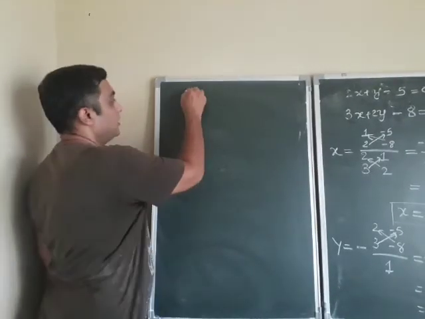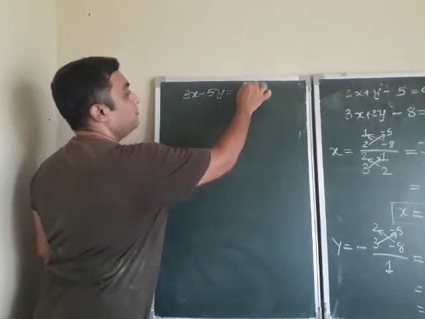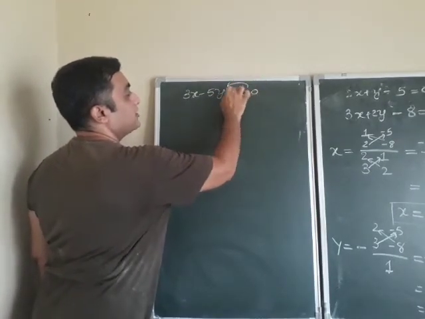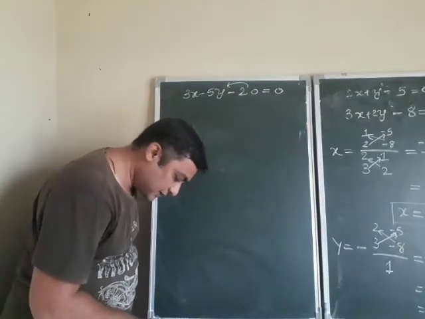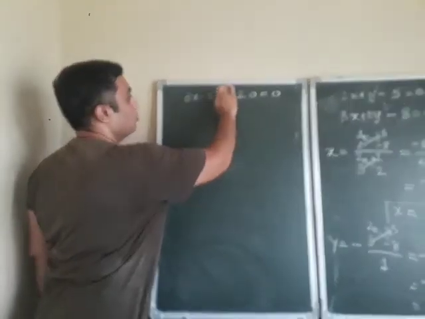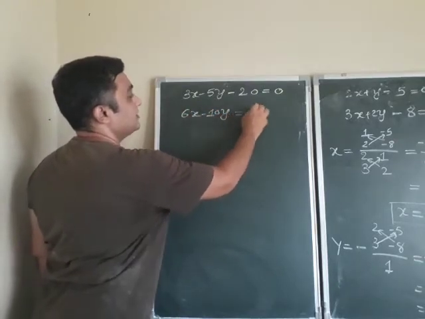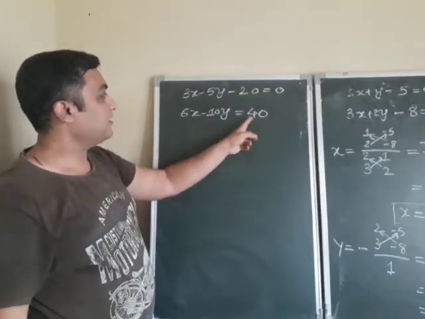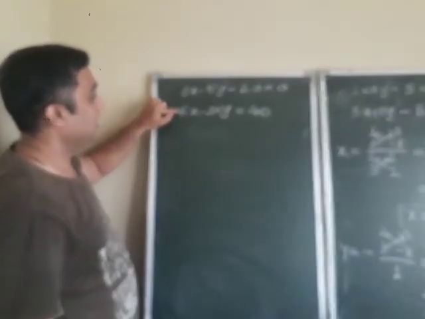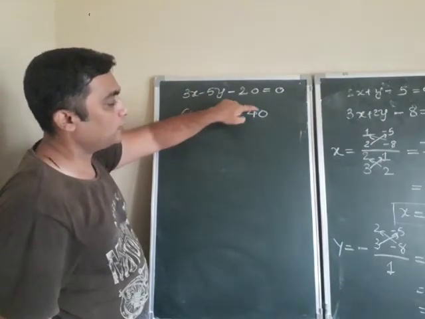3x minus 5y is equal to 20. Plus 20 on this side, so it's minus 20 is equal to 0. Second equation: 6x minus 10y is equal to 40. This equation is further divisible by one particular thing. 6 is a multiple of 2, 10 is also a multiple of 2, and 40 also.